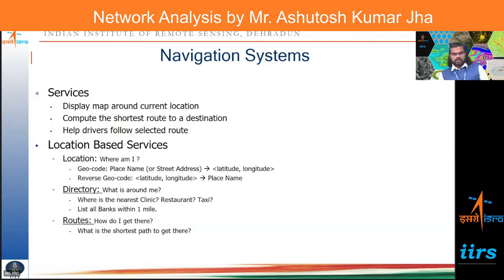In this case, we generally look for three major location-based services. One is the location, just to find out where we are. You need an information system that, given the current latitude and longitude values, can convert them into the names of places in a particular area.